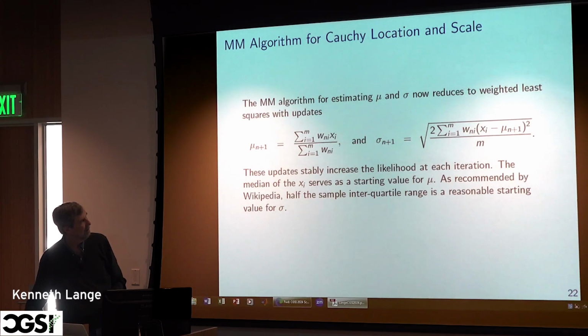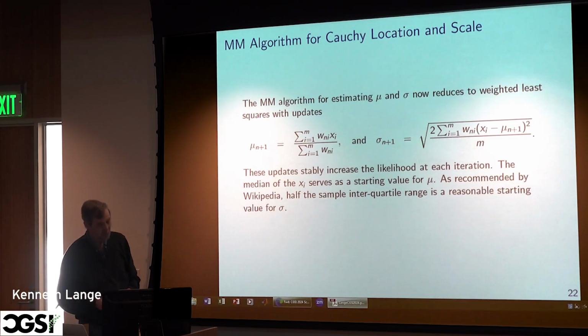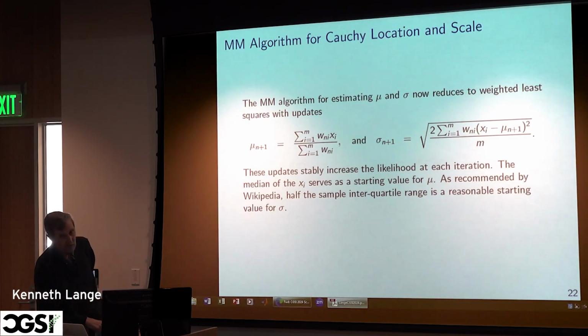It's something that's fairly obvious. So these updates do a very nice job of driving the log likelihood uphill. And if you want a good starting point for mu, you would just take the sample median. And if you take the sample interquartile range, that's actually a reasonable starting point for sigma.